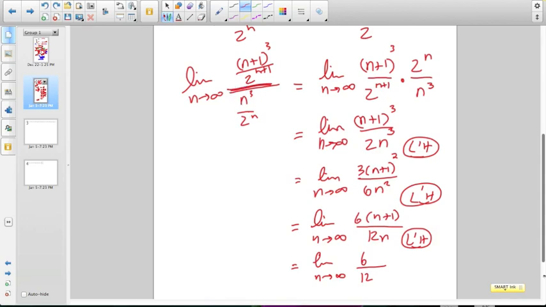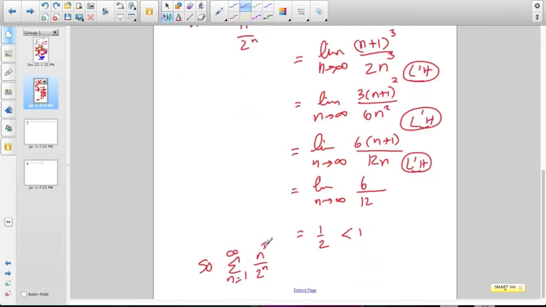Yeah, n cubed over 2 to the n. The series n cubed over 2 to the n converges because of the ratio test.